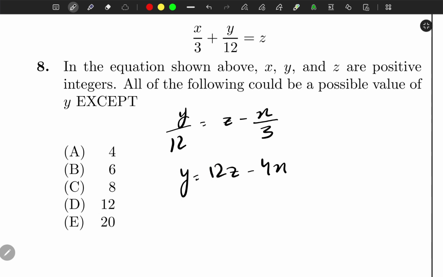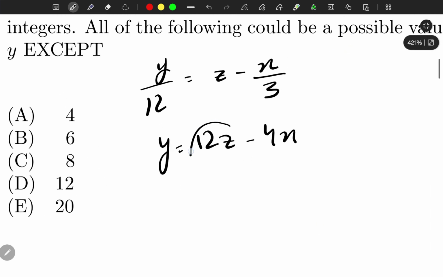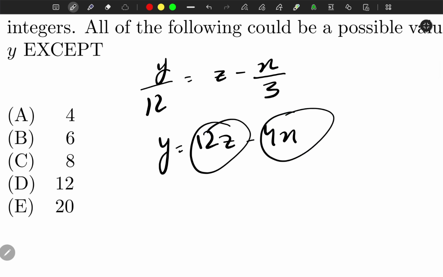Yeah, like that. So now what we can do is, what can y not be? Oh, alright. So it's a positive integer. So we have to make sure that when we subtract 4x from it, we always get a positive number.